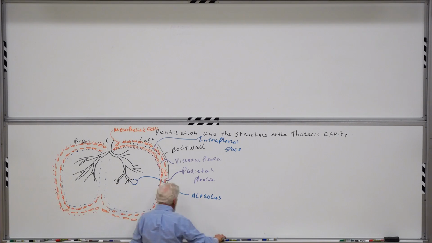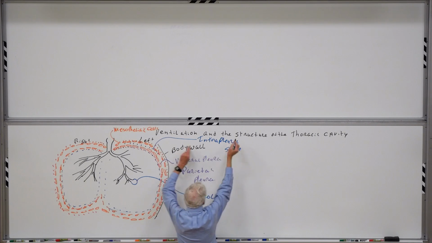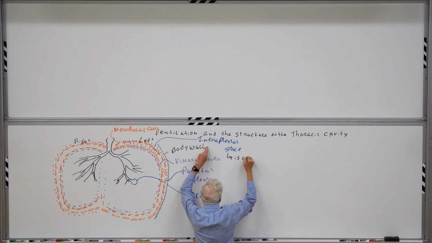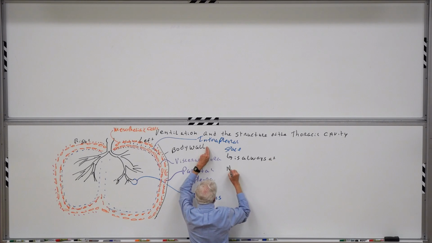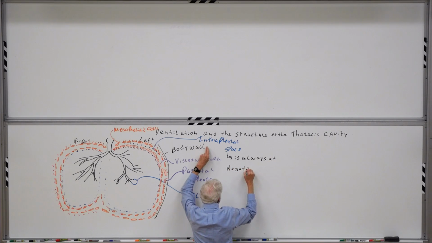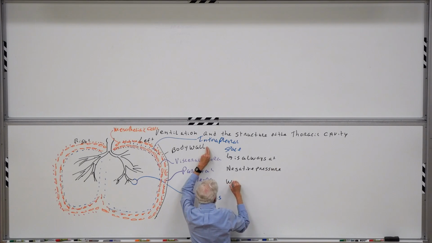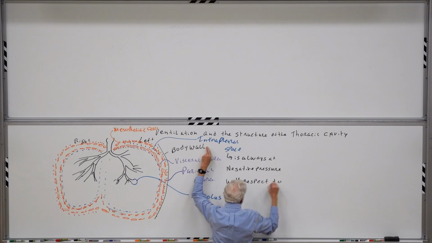And I'll say this now, we'll come back to it: this space, the so-called intrapleural space, is always at negative pressure with respect to atmosphere.